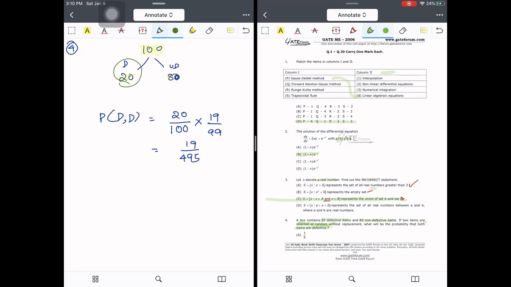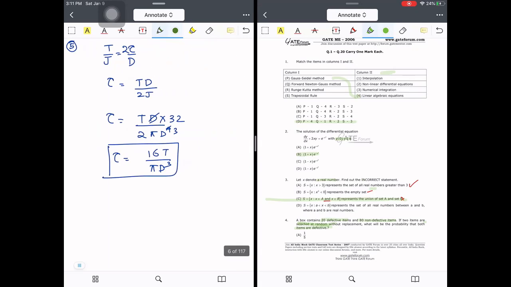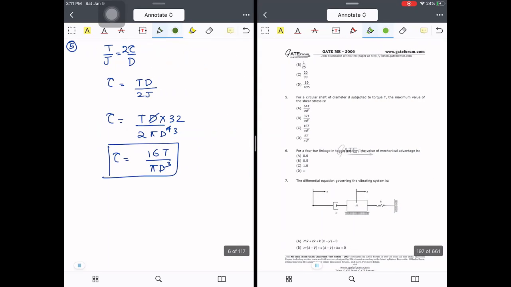There are 20 defective, so the probability of getting a defective in the first choosing is 20 by 100. The probability of being defective in the second choosing is 19 by 99. If I solve it, this is 5, and I will get 19 divided by 495 as the answer.